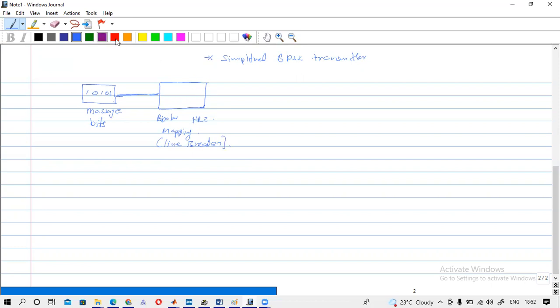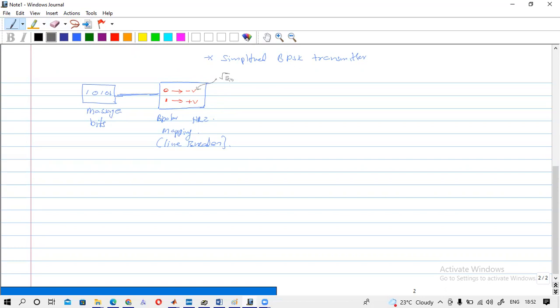If you get a 0 bit, you will assign some minus voltage value for this 0, and if you have a 1, you will assign a plus voltage value for 1. In BPSK, you can remember that this voltage will be root Eb. We set this voltage to root Eb.